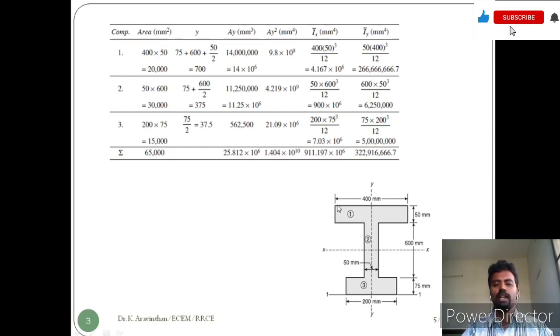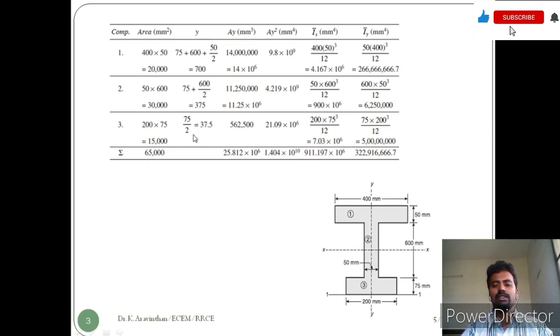The first component area is breadth 400 into 50, and second one is 50 is the breadth and 600 is the depth. And for the third component, 200 into 75. All the areas of the components are added and it is 65,000.